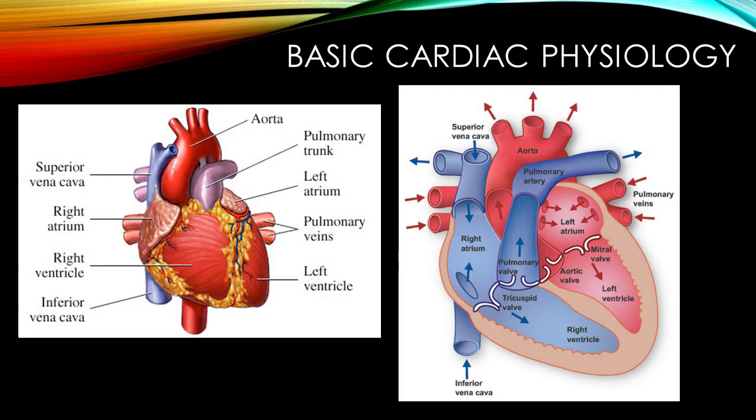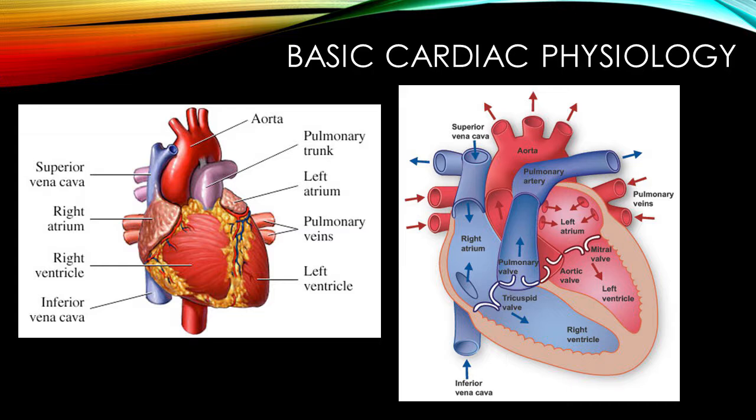So we'll start by reviewing some basic cardiac physiology. Here on your left is a picture of the heart as it would look on the outside of the body. And on your right is more of a cross-section of the heart.